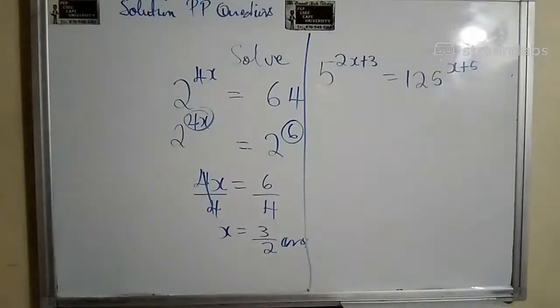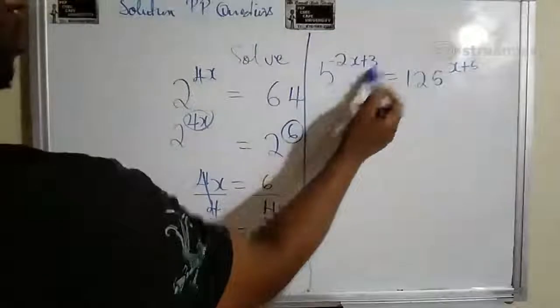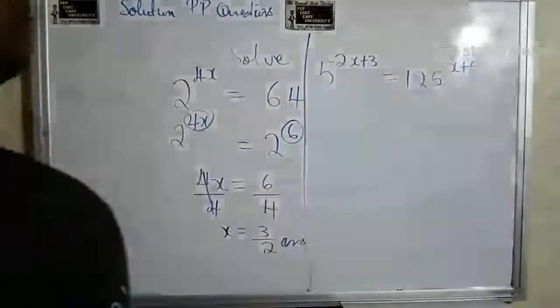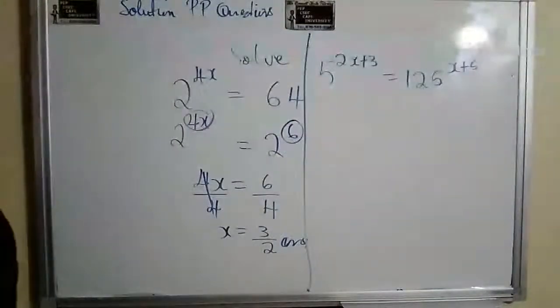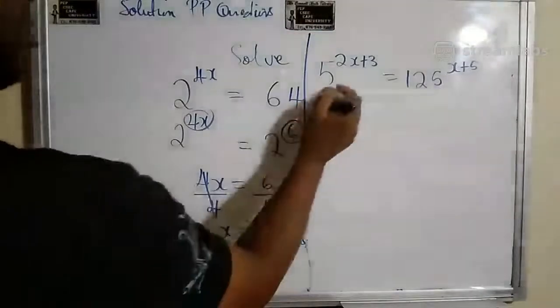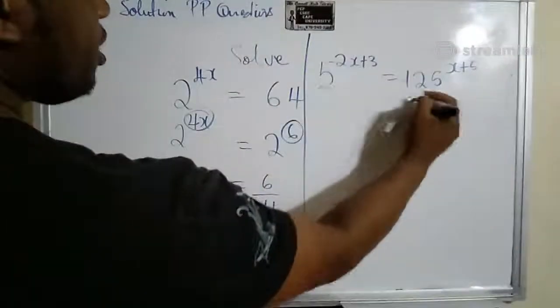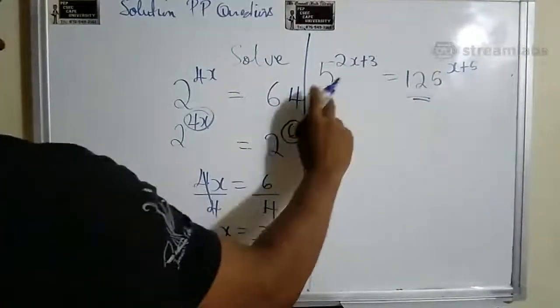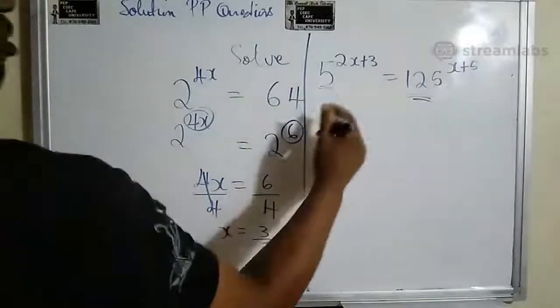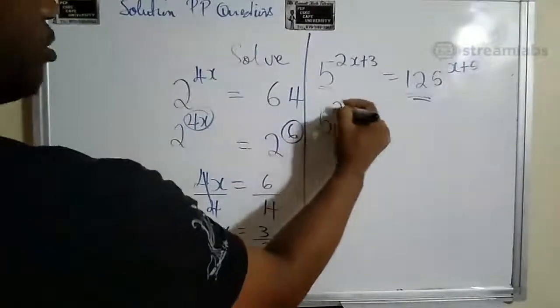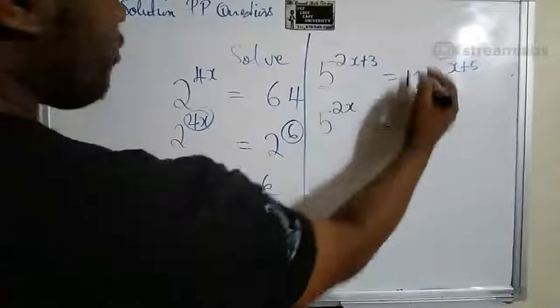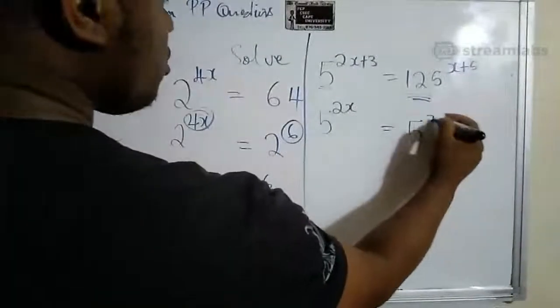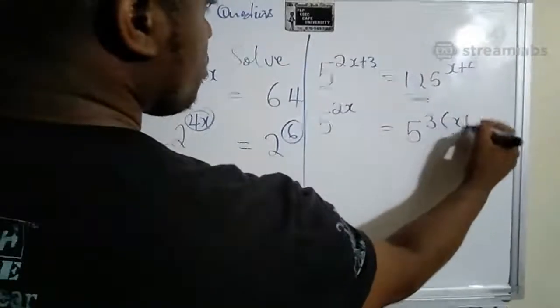Alright, so we have 5 to the 2x plus 3, and 125. So the first thing we need to do is to bring them to the same base. Now they normally give you an indication of the base. You see? 5, right? So you know it's going to be base 5. 125 can be written as 5 to the 3, to the x plus 5.